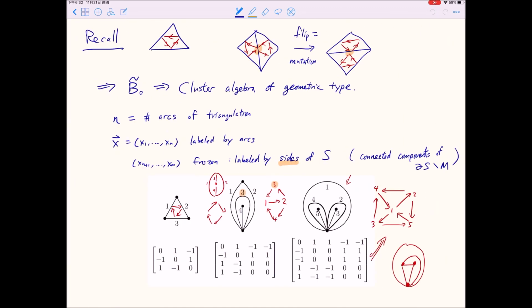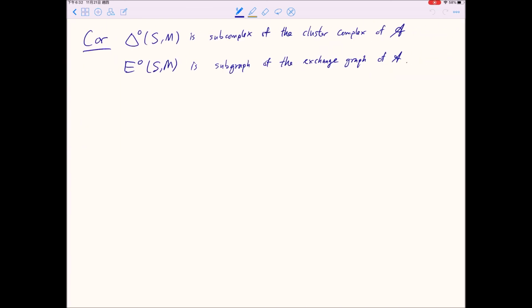But before we go on, let's look at several examples of cluster algebras arising this way. So remember, all we need is to consider the setup where we start from a good triangulation with no self-folded triangle. So the first very trivial example is a foregone with no puncture.